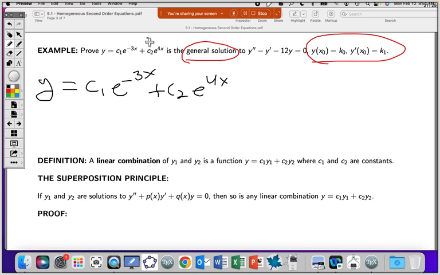The general solution means that this linear combination, this two-parameter family of solutions, contains all the solutions to any initial value problem. We've shown that this satisfies the DiffEq. We also have existence and uniqueness, since the coefficient functions here, and these are all constants, are all continuous. We know that there's a unique solution. So all we really have to do at this point is to show that we can always find a C1 and a C2 that's going to satisfy the initial conditions.